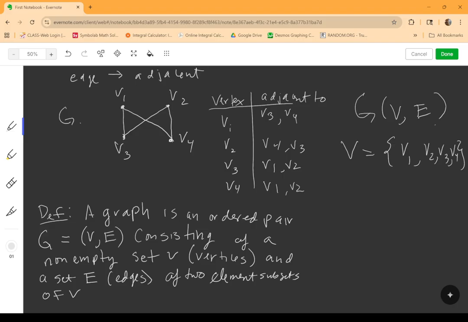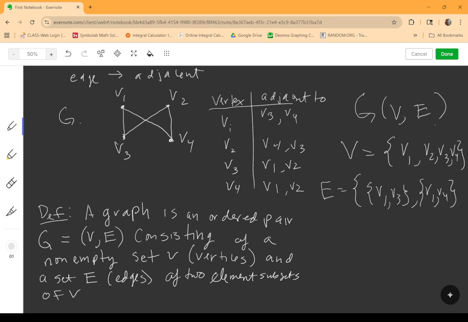So for E, the set is going to consist of the adjacent vertices. So for instance, V1 adjacent to V3, V1 and V4.